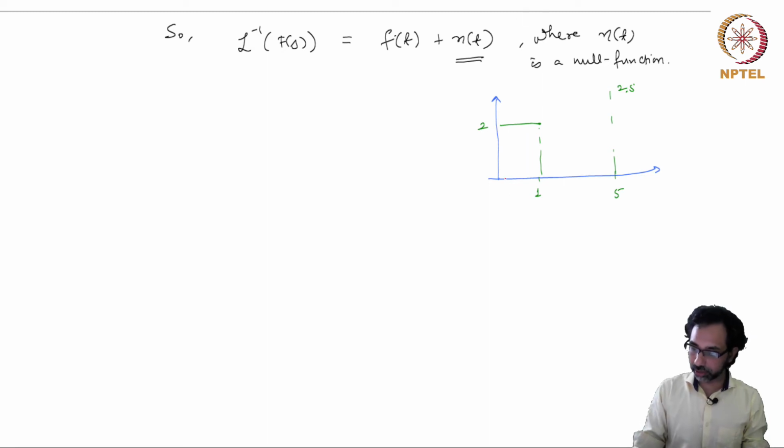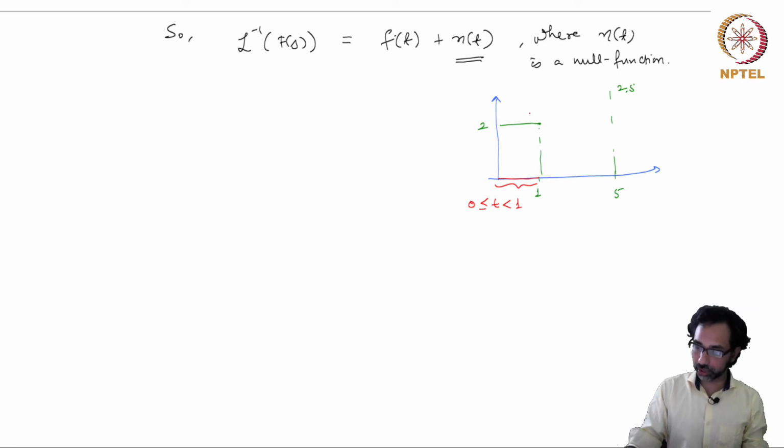So our function takes the value 0 on the interval from 0 to 1, but 1 is not included.